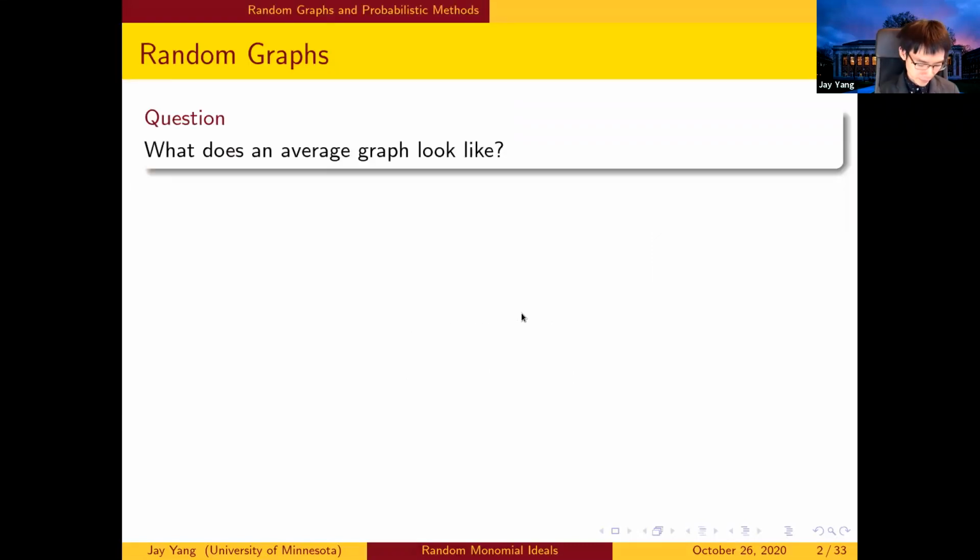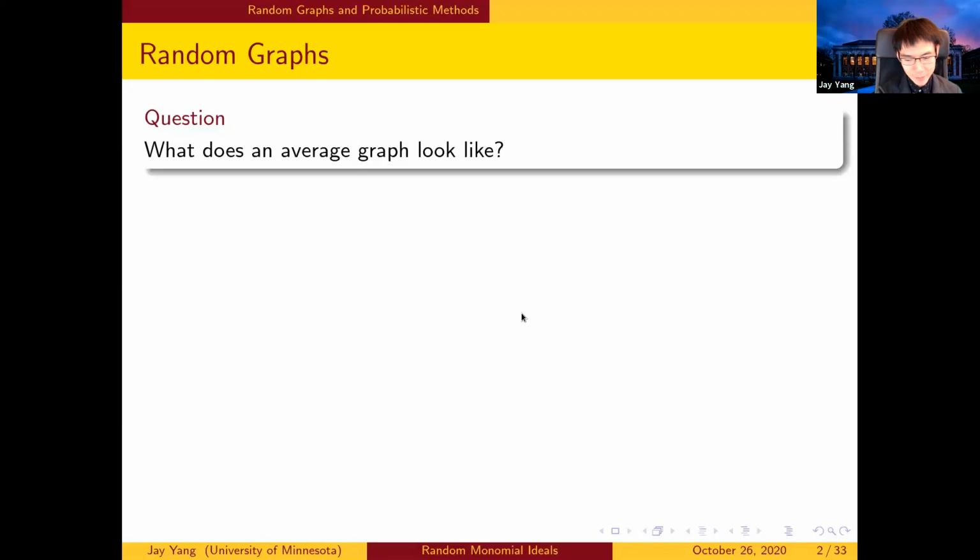So before we get into random monomial ideals, let's talk about random graphs briefly, because this is really the inspiration for this sort of technique. This probabilistic technique or random methods have been used in a lot of fields, but most famously in random graphs. The basic question you want to ask is, what does an average graph look like?